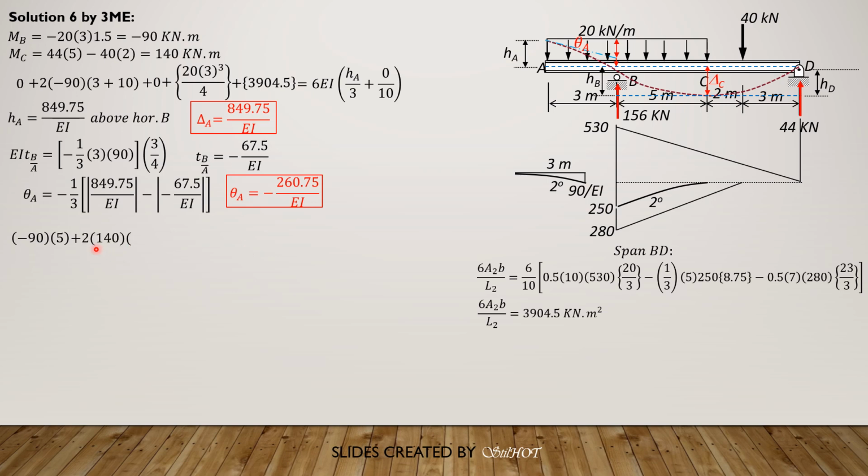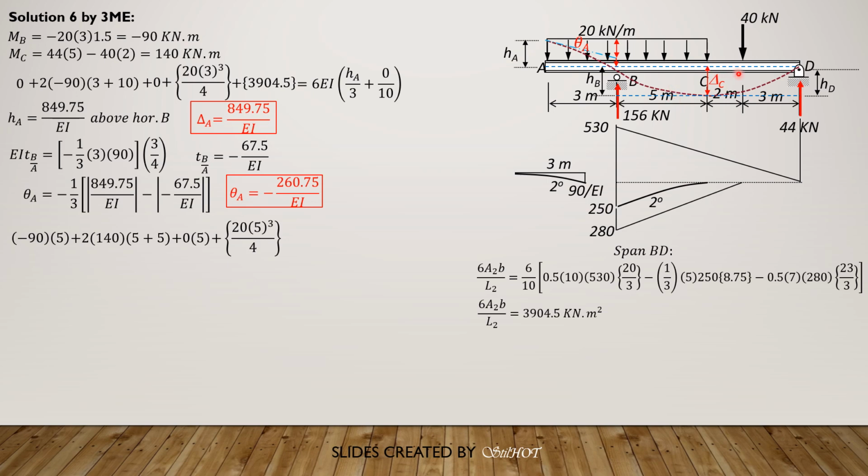So plus 2 times moment at C, which is 140, times quantity 5 plus 5, plus moment at D, because we consider BCD, moment at D is 0, times 5, then plus 6A1A over L1. Again, we have this uniform load. BC is a simply supported beam in our imagination. So the value of 6A1A over L1 is 25 cube over 4.